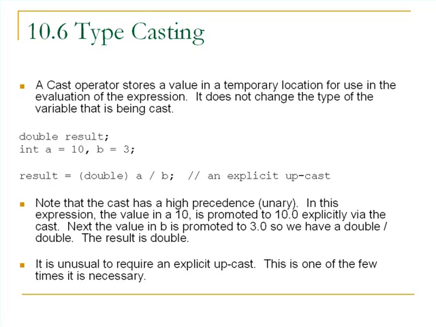So in this case, we wanted to do the division in double, and we only had to upcast the left-hand side and allow the right-hand side to be promoted by the language itself. So in this simple line of code, we have an explicit upcast, or an explicit promotion, and an implicit promotion, where the data is upcast by the language so that we have a double divided by a double.